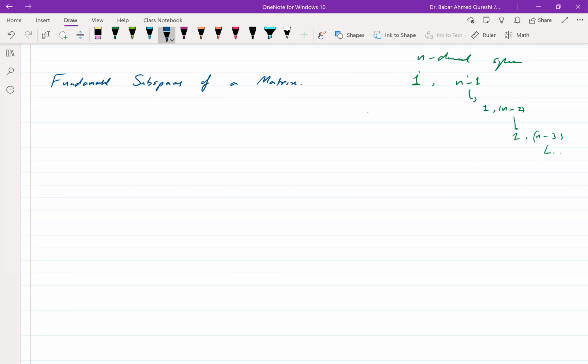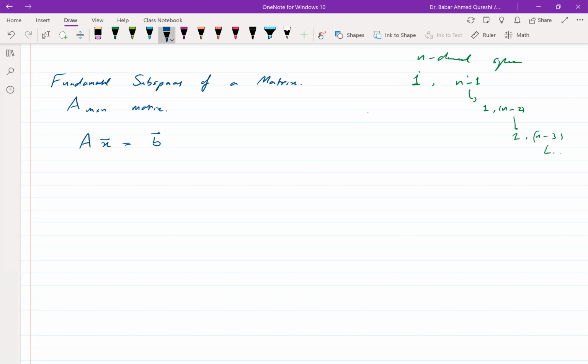So if I consider an M by N matrix, and I consider this kind of an equation.